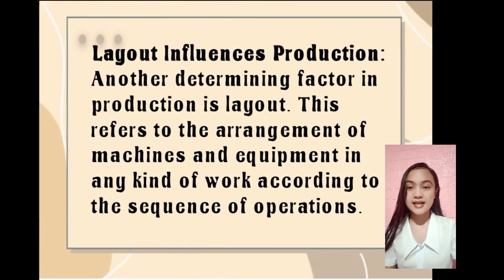So moving on to the next slide, we have here how layout influences production. Another determining factor in production is layout. This refers to the arrangement of machines and equipment in any kind of work according to the sequence of operations.